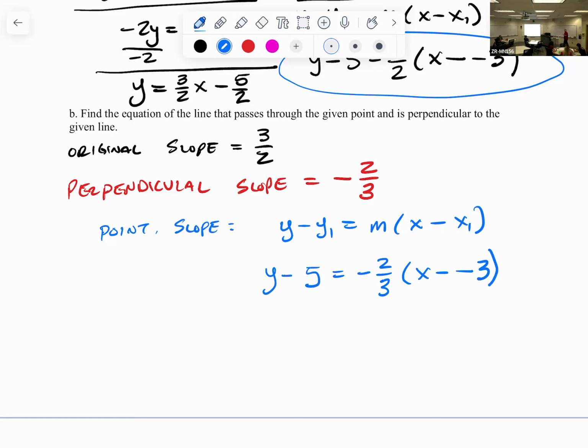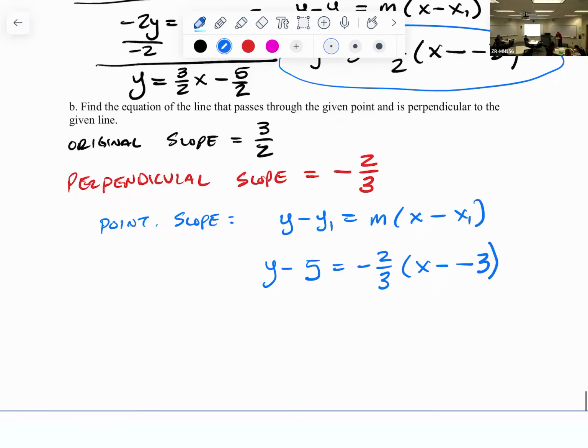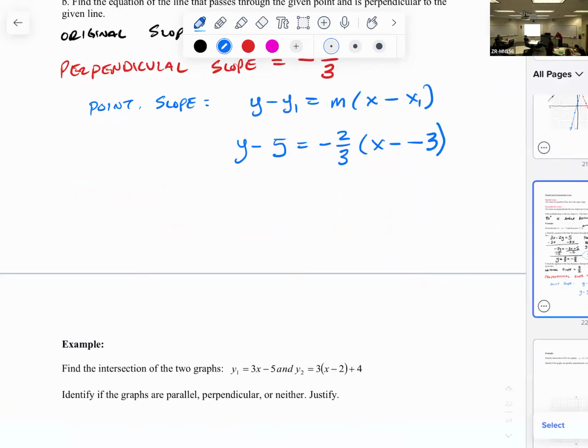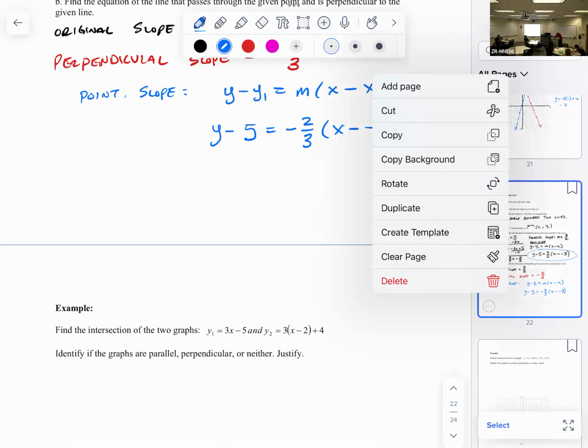Now, be aware, I could stop right there. But the other nice thing about point slope is that you can continue this into slope intercept. So I don't need to start over if I wanted to find my slope intercept form of a line. I simply continue to solve this.